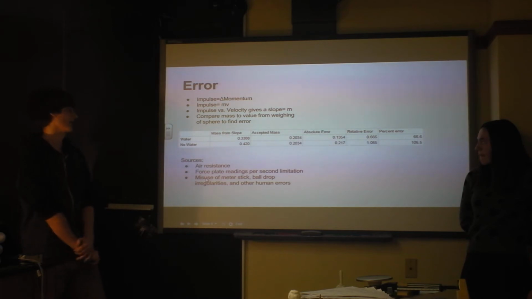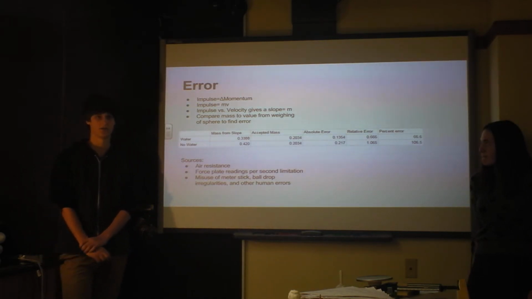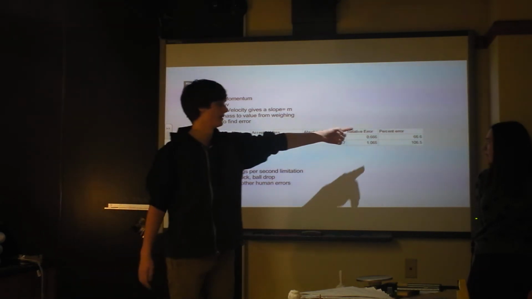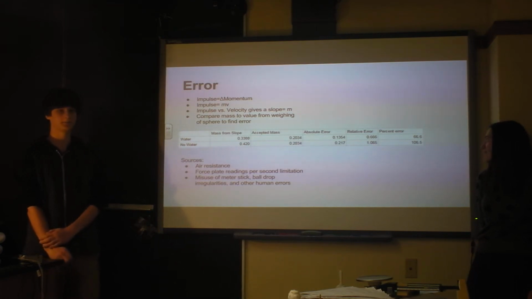And so here was that error, and this is what we did, like I said before: impulse changes momentum, so on the graph of impulse versus velocity, the slope would be equal to mass. Here's the percent error, there was a lot more error without water.